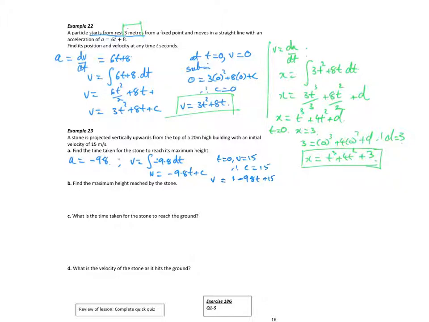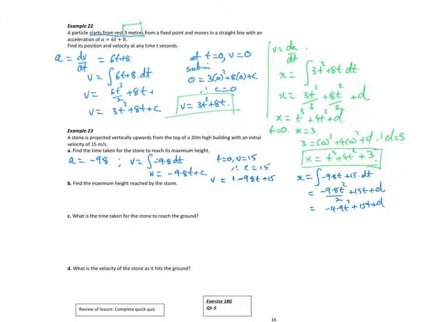Let's go to my position. Position x is equal to the antiderivative of my velocity with respect to time, which is equal to negative 9.8t to the power of 2 on 2 plus 15t plus some other constant, we'll call it d: negative 4.9t squared plus 15t plus d.